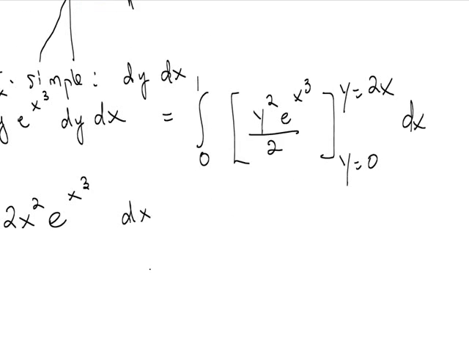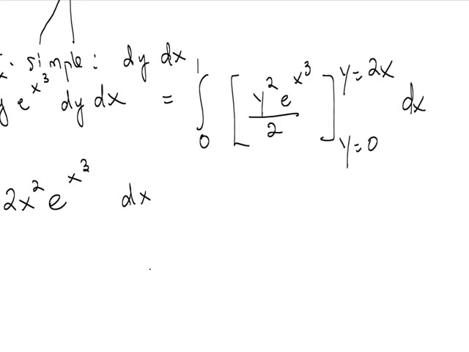Okay, how do we integrate this? Tell me. By what? Substitution. How do you know that? Very good. The derivative of x cubed is 3x squared, which is a multiple of the other function, right?